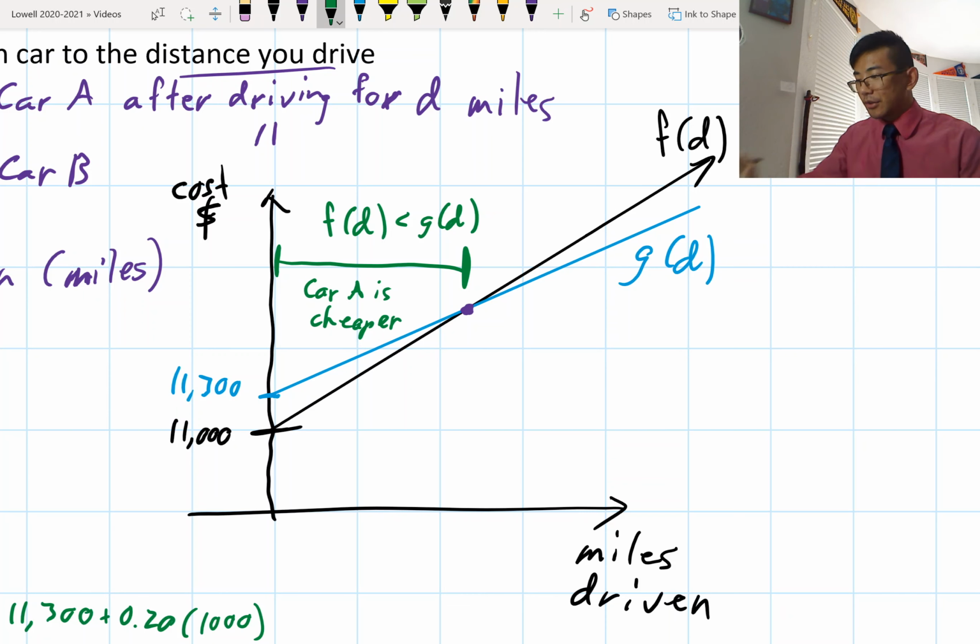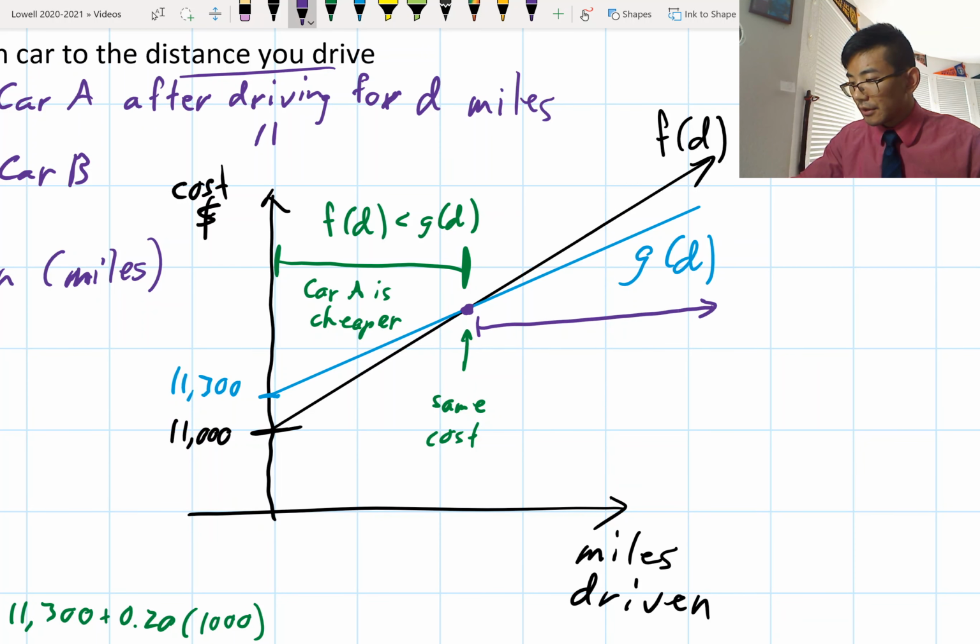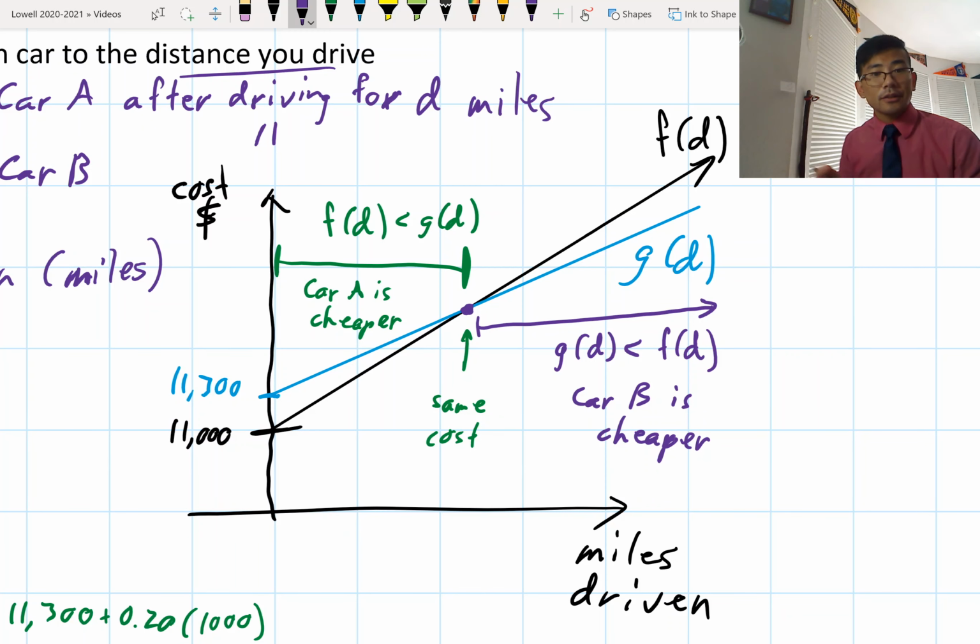But at this point specifically, they're the same cost, the exact same miles driven, same cost. And then from here onward, G of D is less than F of D, which means that car B is cheaper, assuming that you've driven it for this long. So the question is, when does this happen?